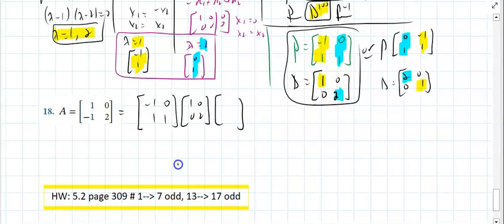In this case, P inverse will be 1 over the determinant. That's 1 over 1. Swap those and multiply those by a minus.